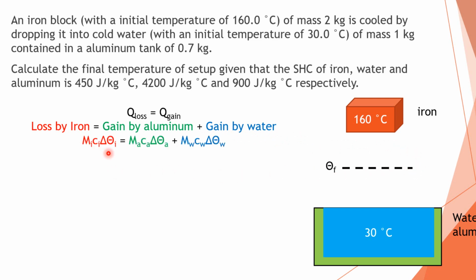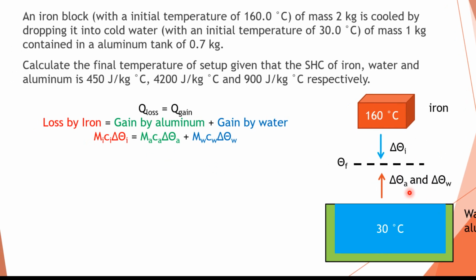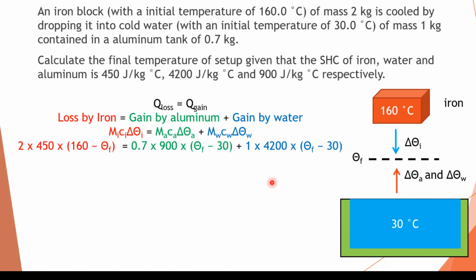Again, each has its own mc delta theta. So the loss in temperature by the iron, and the gain in temperature of the aluminium and the water, which is actually the same. Put in the respective values: 2, 450, the temperature drop, the mass of aluminium, the specific heat capacity of aluminium, and the temperature rise, and this for water.